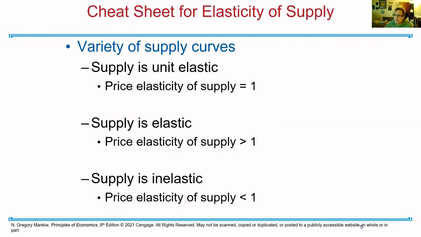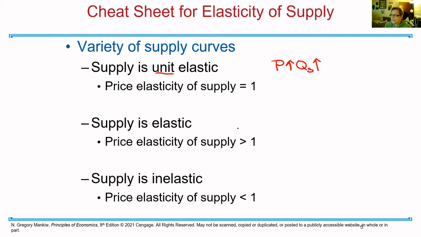Now, different types of supply curves. If the price elasticity is equal to 1, then it's unit elastic. So just use the same reference that we used before. As the price increases, the quantity supplied increases, a positive correlation, by exactly the same amount.